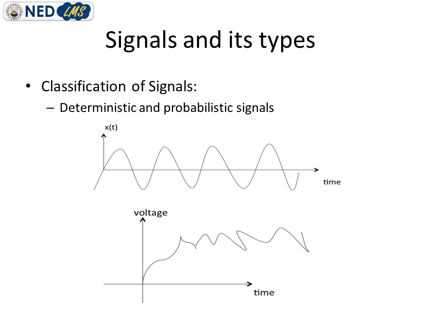But if we know the physical description completely, then it is a deterministic signal. In other words, we can say that if we can predict the value of the signal at any time instant by using the mathematical expression, then it is a deterministic signal.